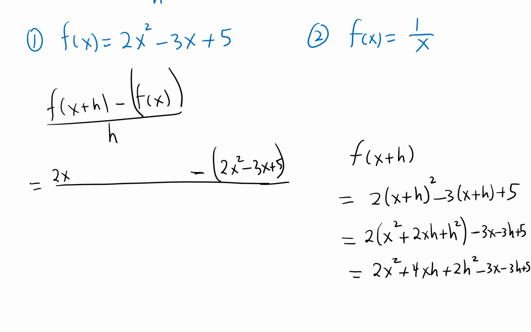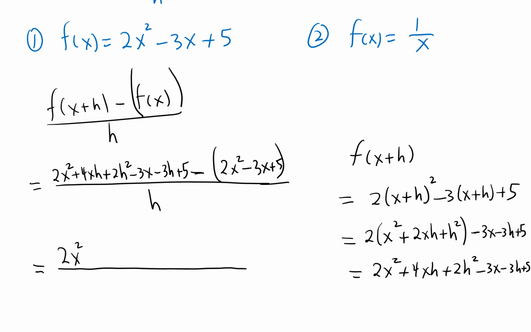So this goes here, 2x squared plus 4xh plus 2h squared minus 3x minus 3h plus 5 minus this whole thing over h. And now we just have to simplify.